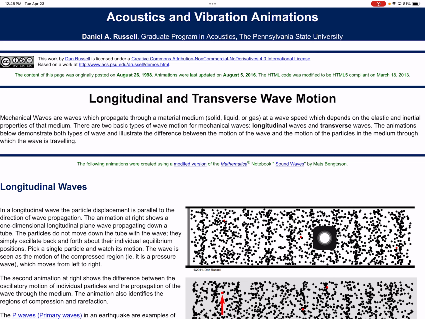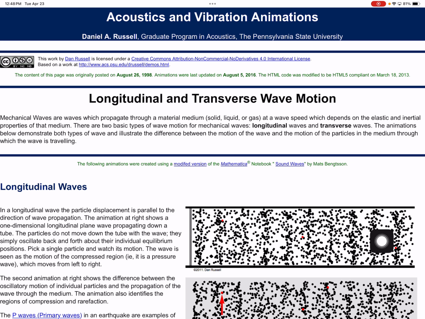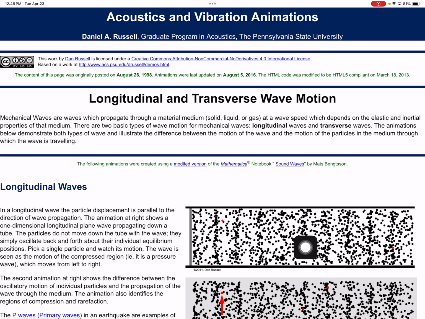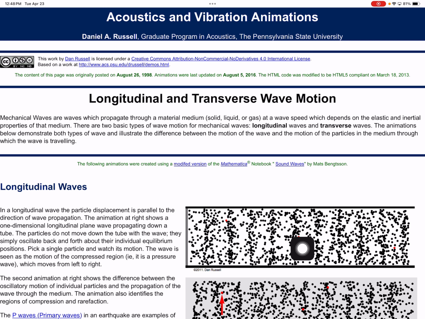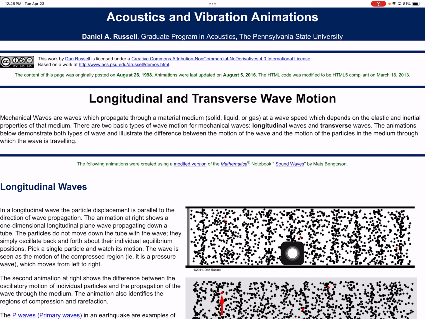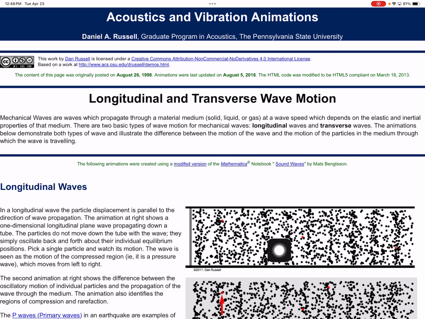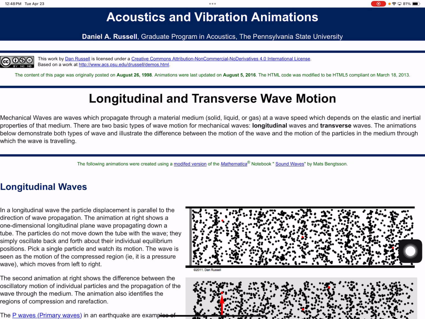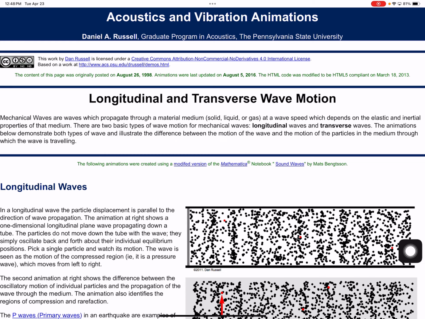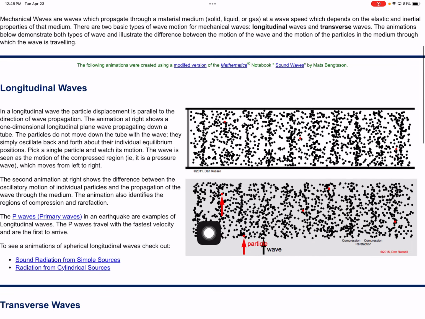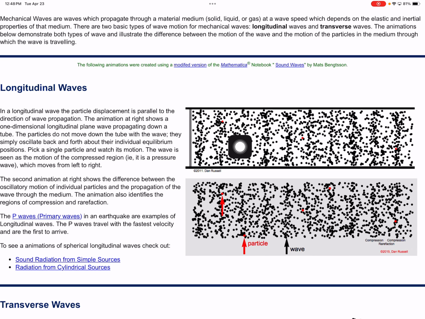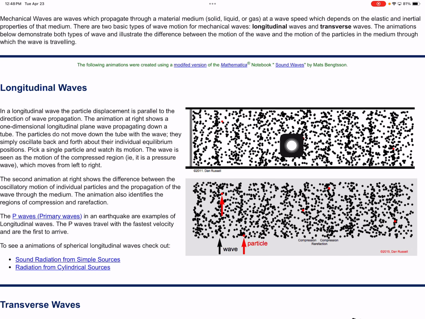So this is a sound wave. If you could watch a molecule of air, you'd see it oscillating back and forth, parallel to the direction of wave travel. That's a longitudinal wave. So here is a sound wave in air, which is a longitudinal wave.